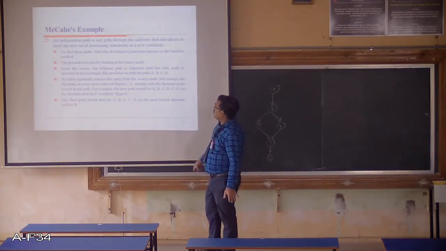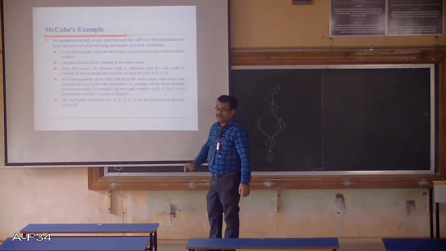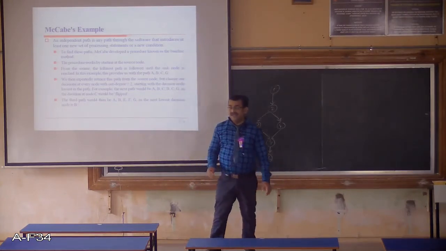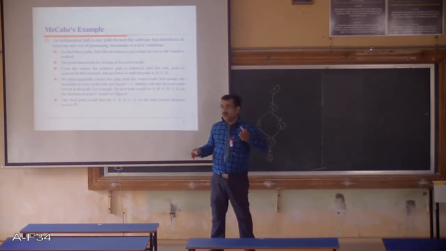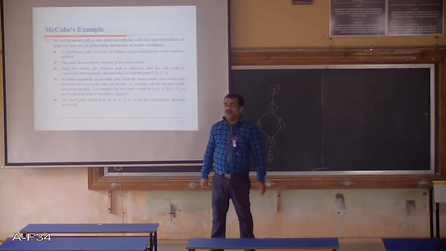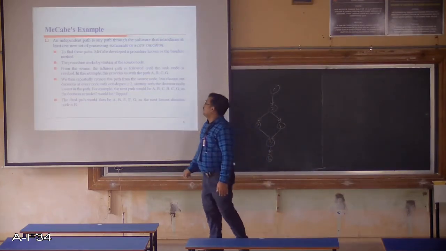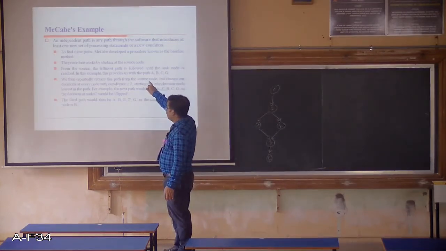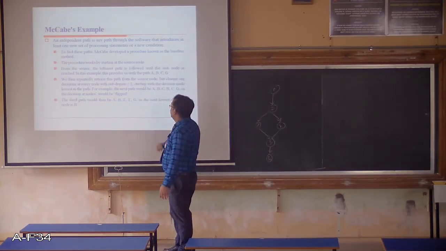Now to find the paths, McCabe developed a procedure known as the baseline method. He has developed certain rules for finding the independent paths. The procedure works by starting at the source node. From the source, the leftmost path is followed until the sink node is reached.